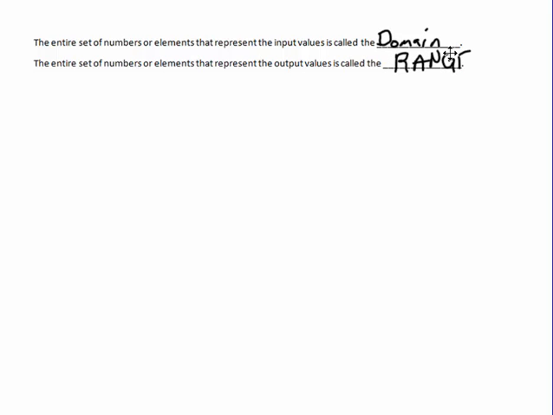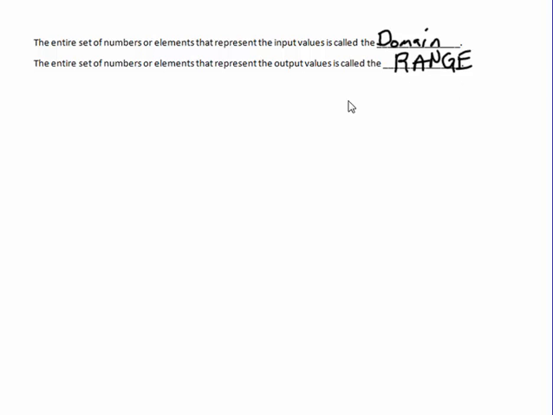So here now we have domain and range. These are all of the values that would represent your independent variable for your domain, and all the values that represent your dependent variable would be your range.